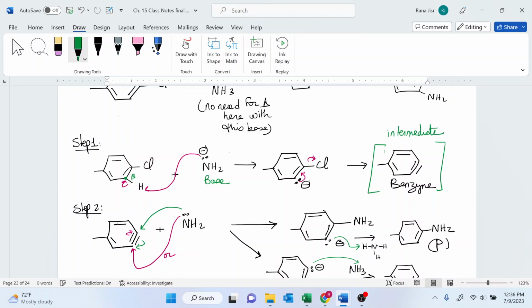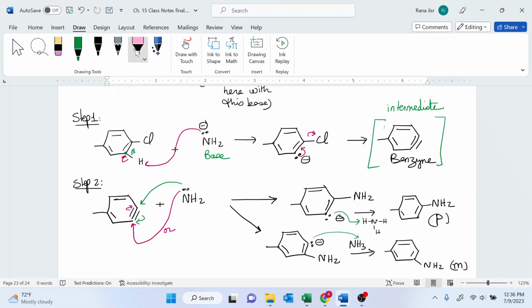Once I form the benzyne intermediate, now notice here that I have two positions for the carbons of the triple bond. I have this position over here and this position over there because of the presence of the CH3. It matters if the NH2 attacks meta to the CH3, or if the NH2 attacks para to the CH3.